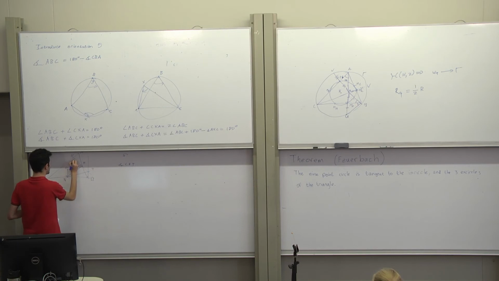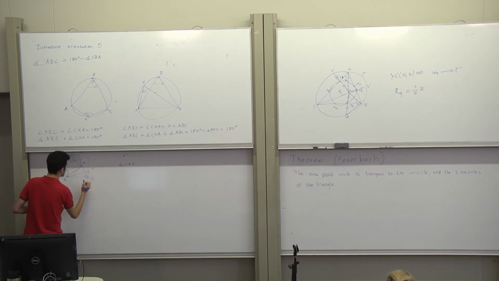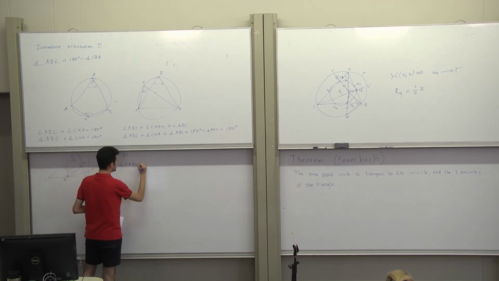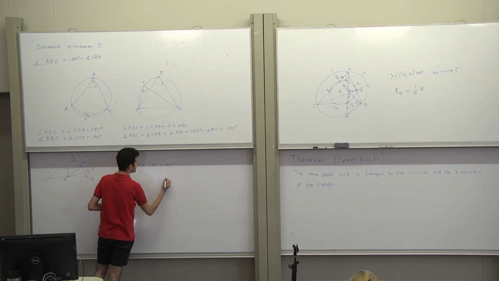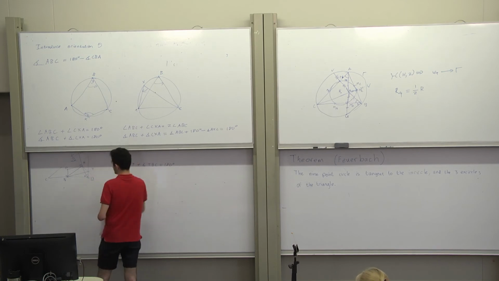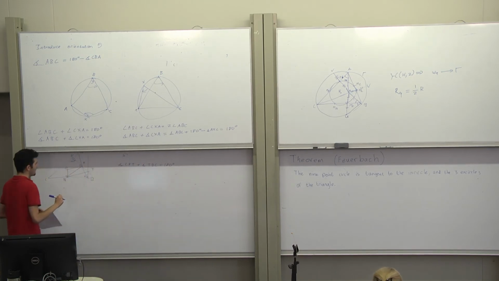We're going that way, and then on this way we're going that way. So that's TBC equals 180 degrees, and so we have that cyclic quad.